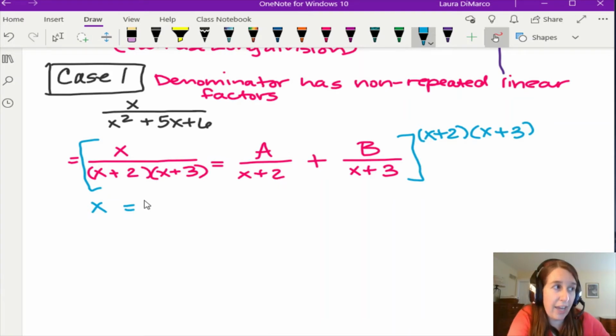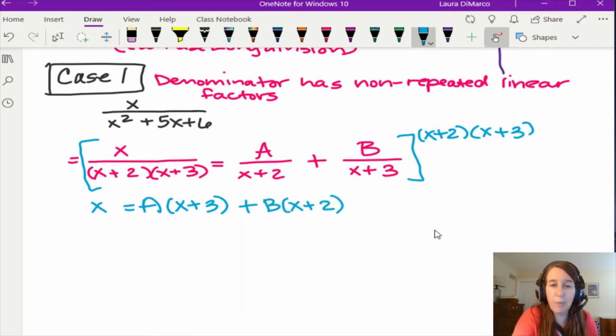So we're going to have A, but the x plus 2's will divide out, and then we'll still have x plus 3. Then finally, this next term, B over x plus 3 multiplied by this blue stuff, the x plus 3's will divide out. We'll still have a B and an x plus 2.